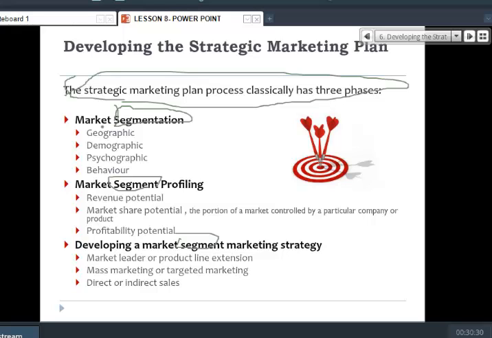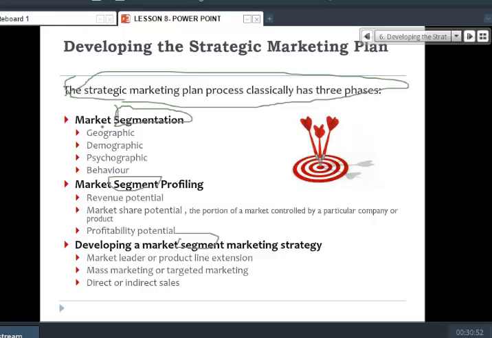You need to know the market share potential, the portion of market controlled by a particular company or product. Say you are selling a toothpaste product in the company.